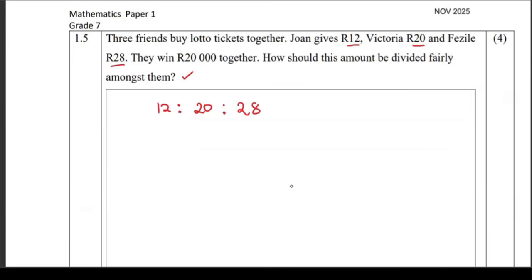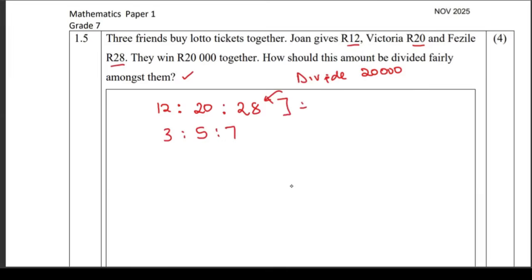Step number one, this question is indirectly asking us to divide 20,000 in this ratio. I don't need to simplify it, I can just use it the way it is. But if I were to simplify it, I'll divide through by 4 because 4 is common, and then I'll have a 3, a 5, and a 7.